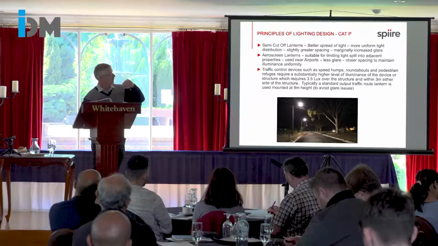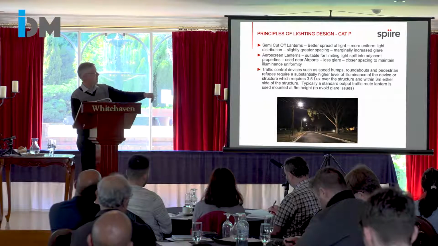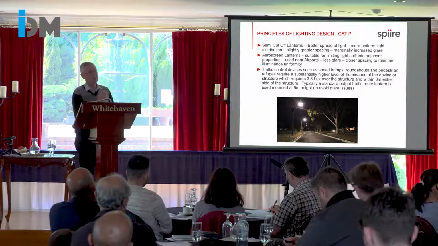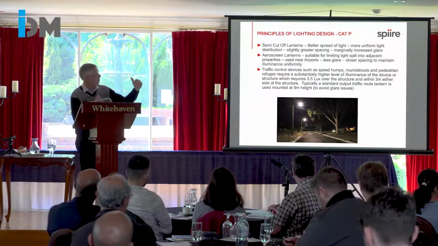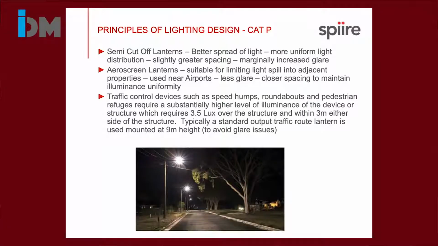And to achieve that, typically you'll have your normal 5.5 mount height lanterns through the rest of the development, but at the traffic control device, you'll typically see a taller pole, which is normally a 10.8 metre pole, which is set 1.6 in the ground and a mount height of 9 metres, or in the case of a decorative pole situation, you'll typically get the 8.5 metre mount height.